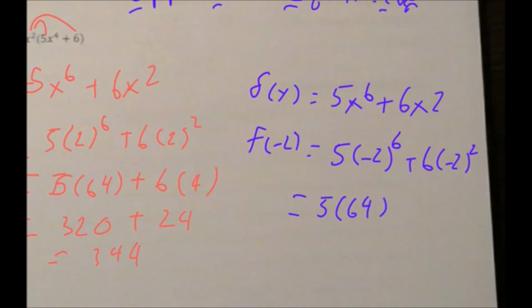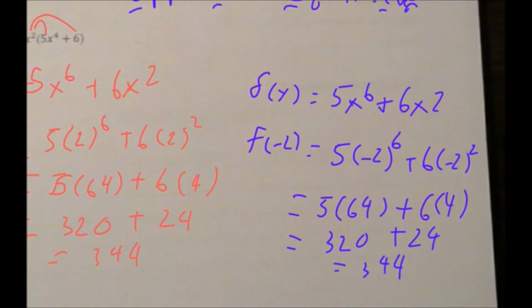Because remember, it's negative 2 times negative 2 times negative 2 times negative 2 times negative 2 times negative 2. And that equals 64. And we're adding 6. Negative 2 squared is 4. 6 times 4. So as you can see, we get 320 plus 24, and that equals 344.